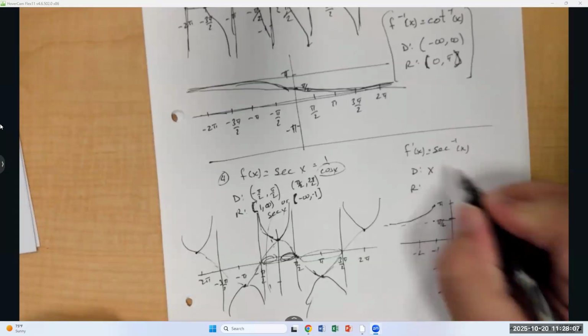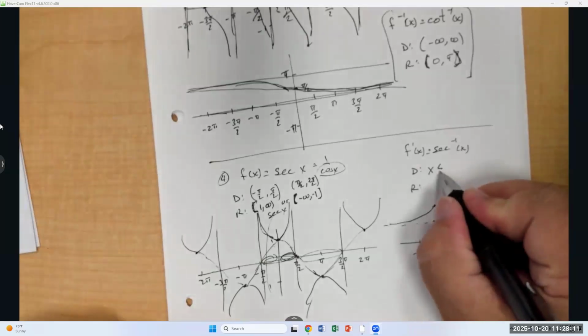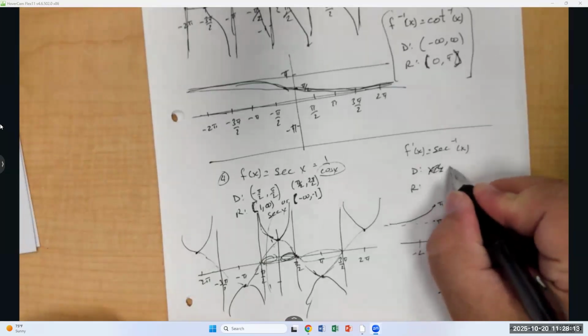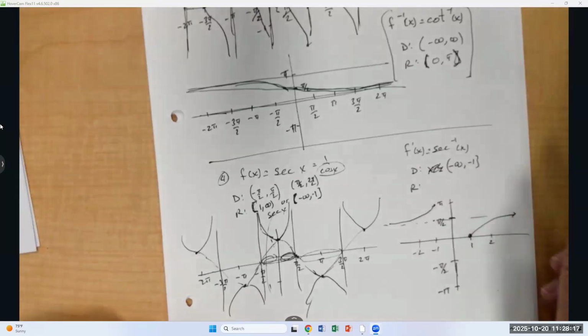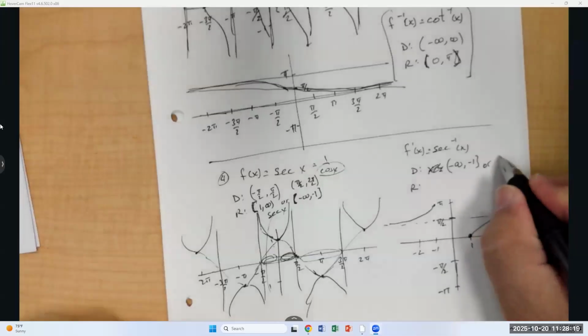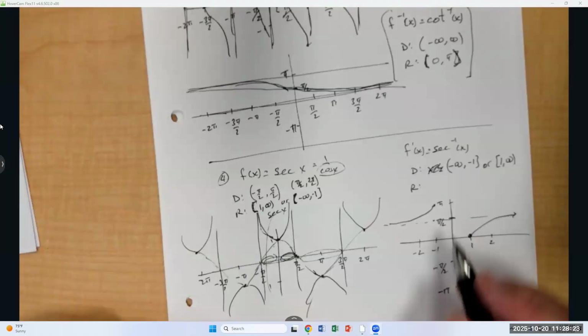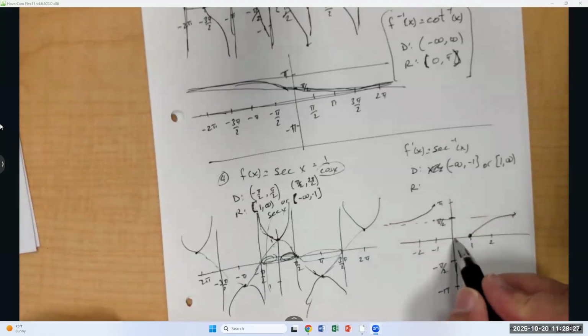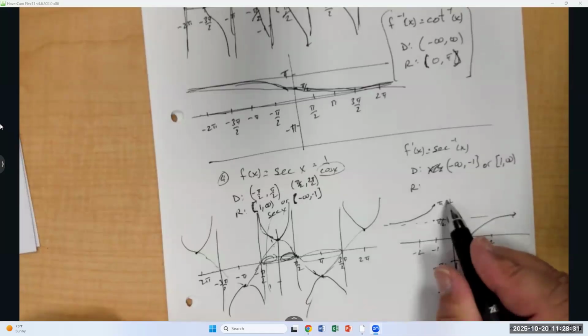So the domain of this one is negative infinity to negative 1, or 1 to infinity. And its range is from 0 to pi over 2 and from pi over 2 to pi.